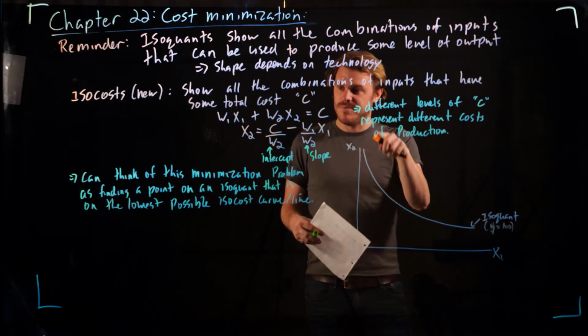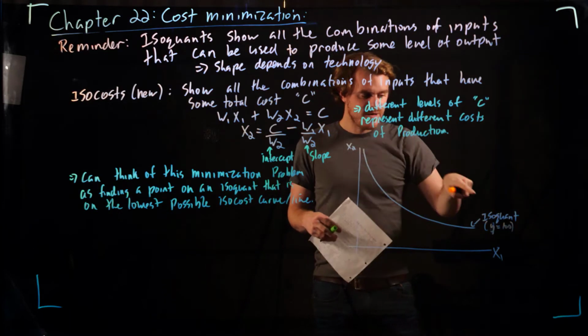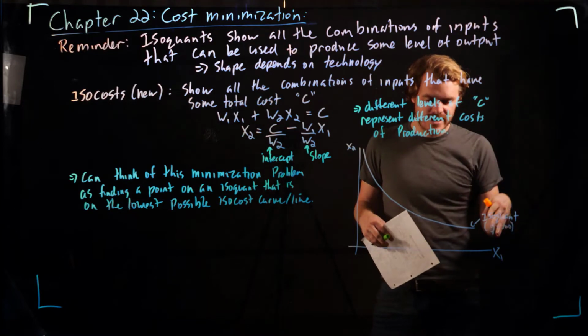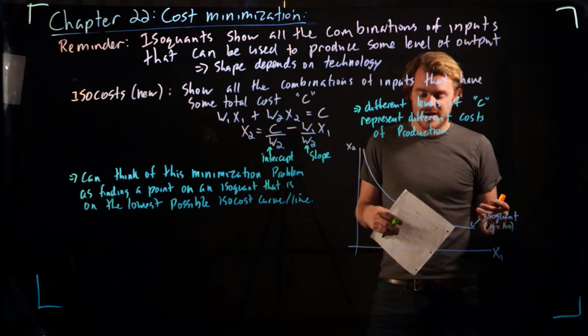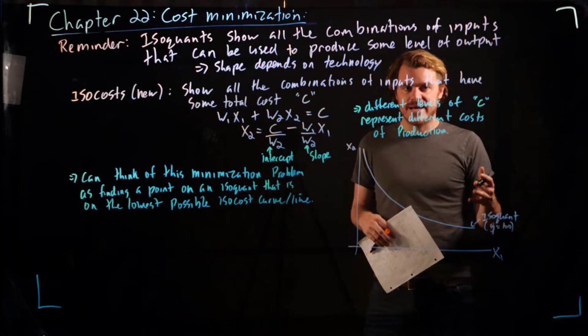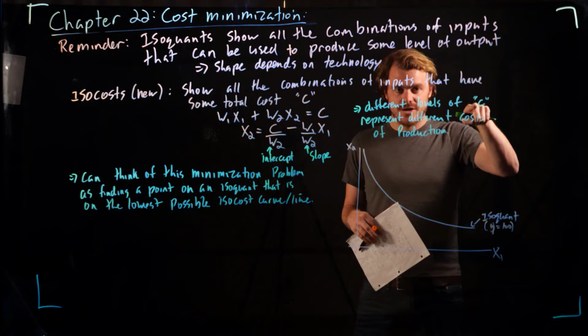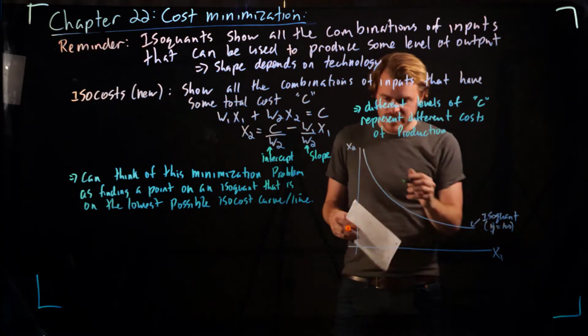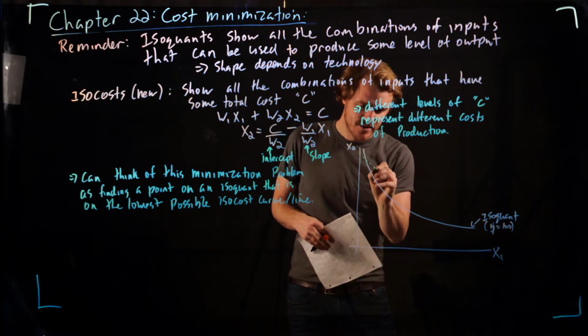The problem we wrote out before is how to produce this Y, 100 here, but think of it in a general sense, at the lowest possible cost. We have different isocost lines, and the higher the cost, the farther they are from the origin.